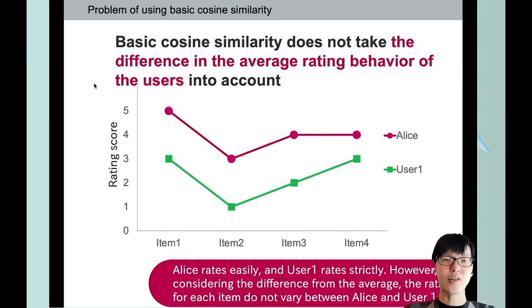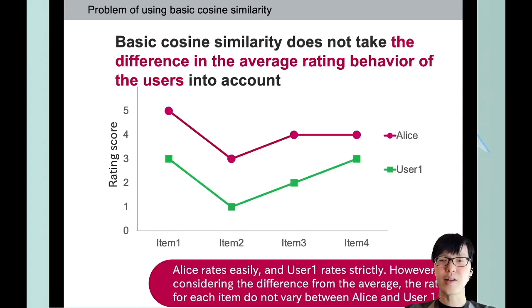For practical use, we have to modify the cosine similarity computation. The basic cosine similarity has a problem. Here is one example where we can see the problem. This figure shows the ratings of Alice and user 1 for items 1, 2, 3, and 4.